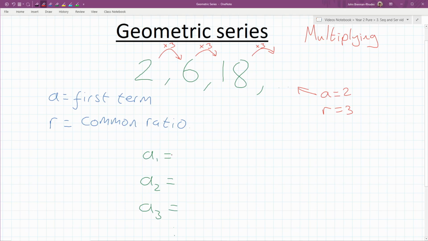So A, the first term, is 2. A2, the second term, is going to be 2 times 3.